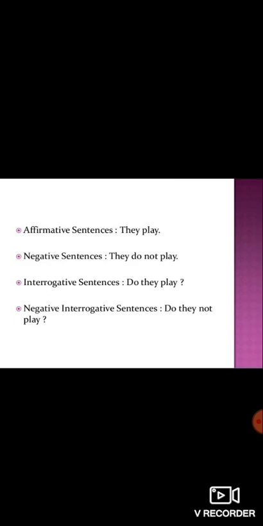Then for the negative interrogative sentence, again helping verb, then subject, then not, and then play, and then the question mark, which is compulsory. So: do they not play? So these are all four types of sentences in one single tense: affirmative, negative, interrogative, and negative interrogative.